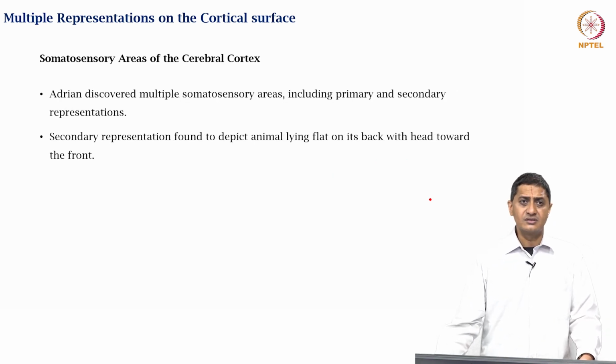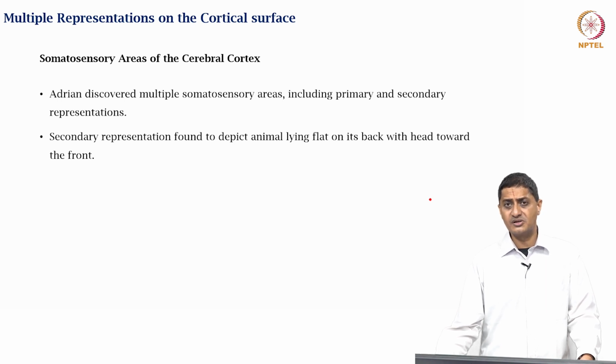He also found multiple somatosensory areas in the cerebral cortex, including primary and secondary representations, and he found that the secondary representation was similar to an animal lying flat on its back with its head pointed anteriorly.